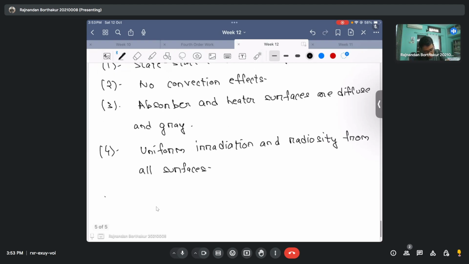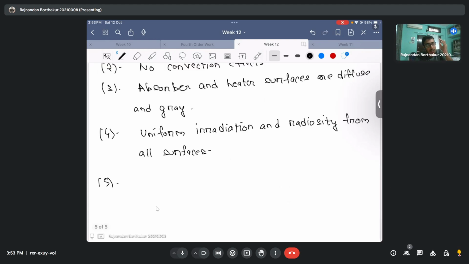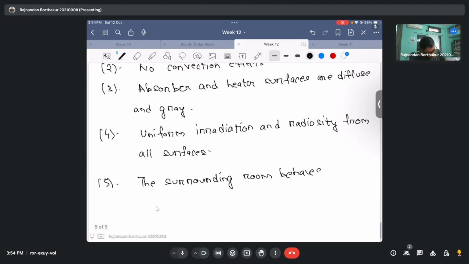And the fifth assumption is the most important assumption that will straight away simplify our analysis. That is, we will consider the surrounding room to be large enough that it behaves like a black body. So the surrounding room behaves like a black body.